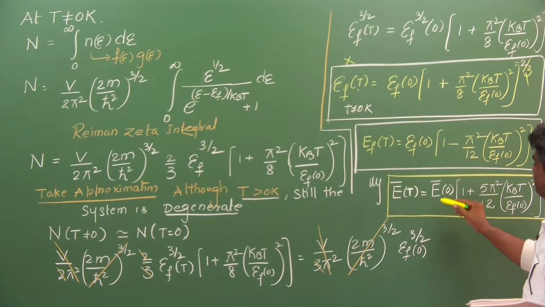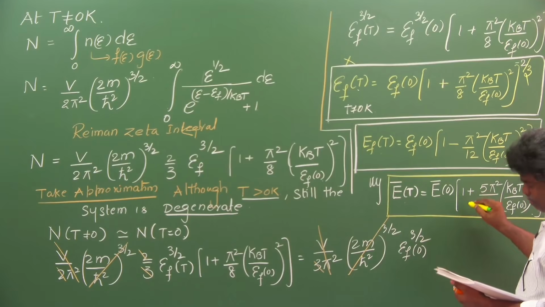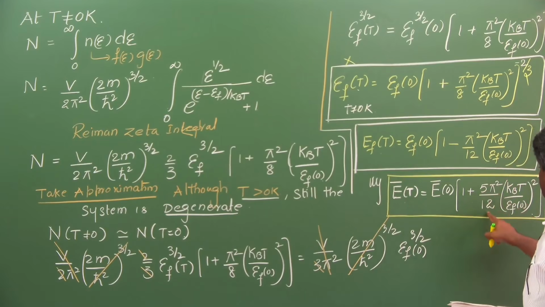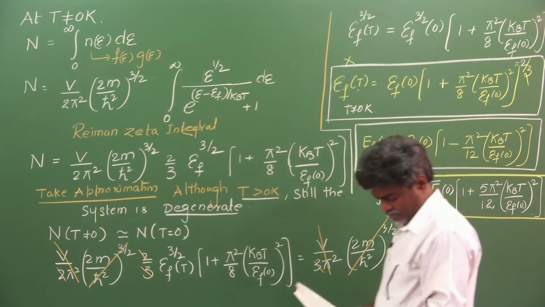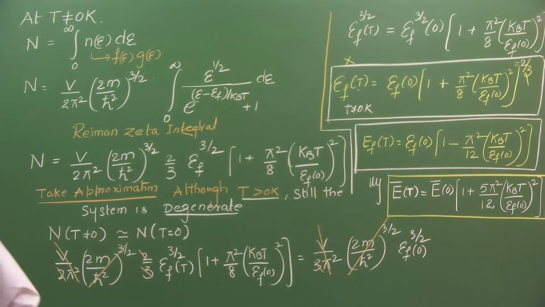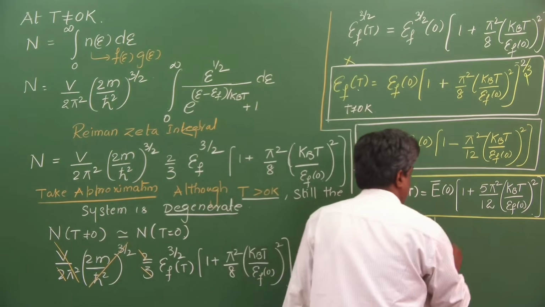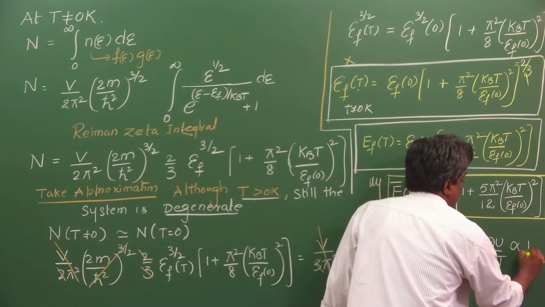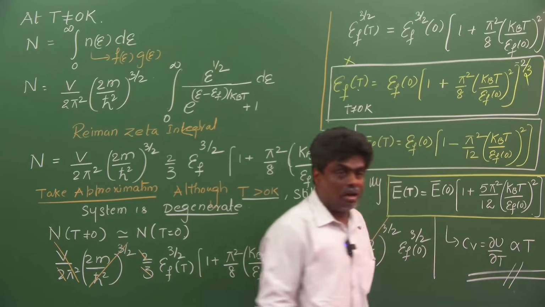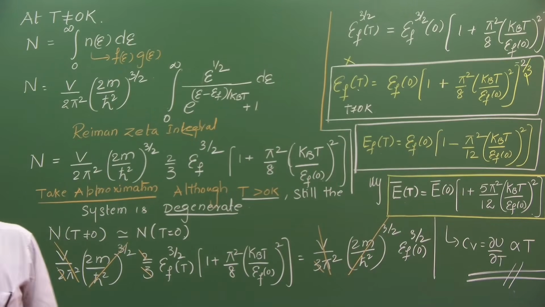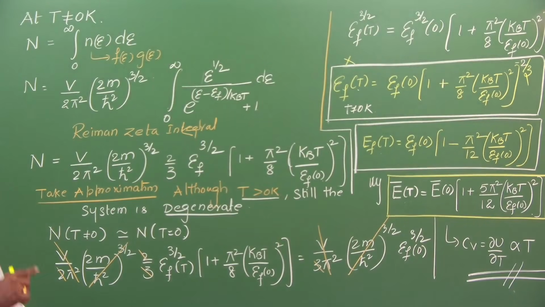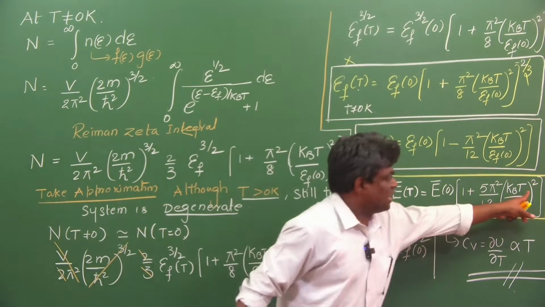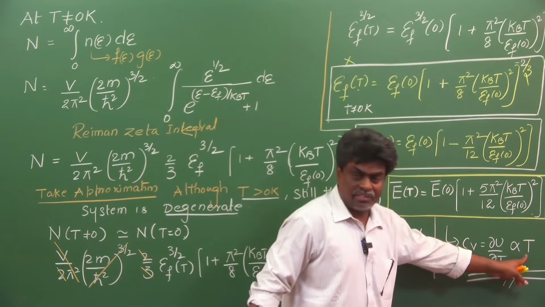Average energy at T equal to average energy at 0 into 1 plus, not minus, plus 5 pi square by 12 kBT by EF of 0 whole square. And if you find CV equal to dou U by dou T, again you will get it proportional to T. Although T is not equal to 0, the contribution of the free electrons to CV is proportional to T only. It's a T square, and the differentiation of T square is T.